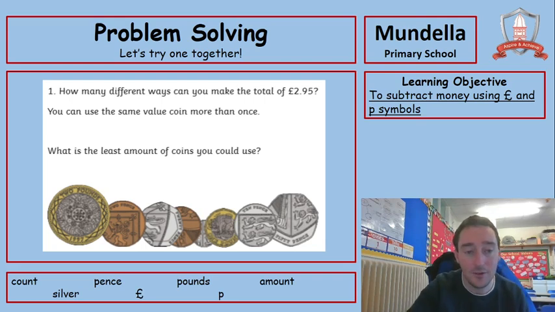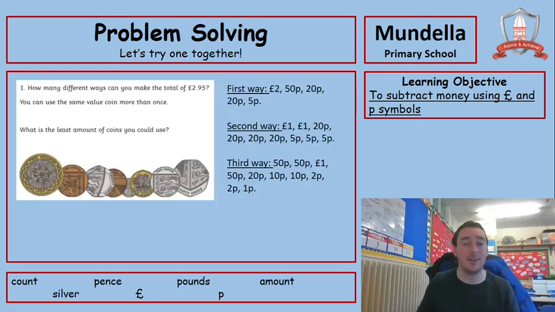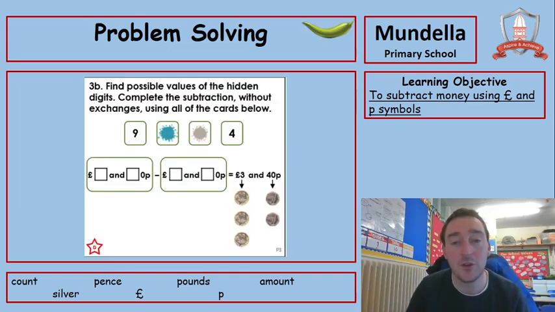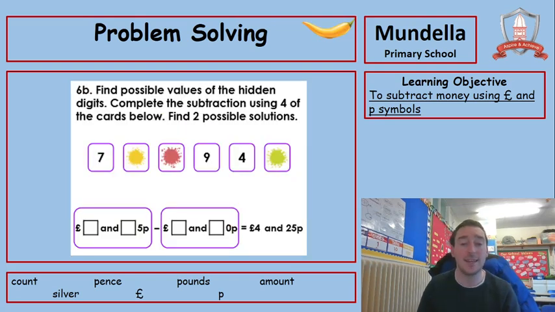Right, once you've done that, you can have a look at some of the ways that I came up with. So I came up with 3 different ways there. Excellent. Now, if you want to try the green chili problem solving question, pause the video now. If you want to try the yellow chili problem solving question, pause the video now.